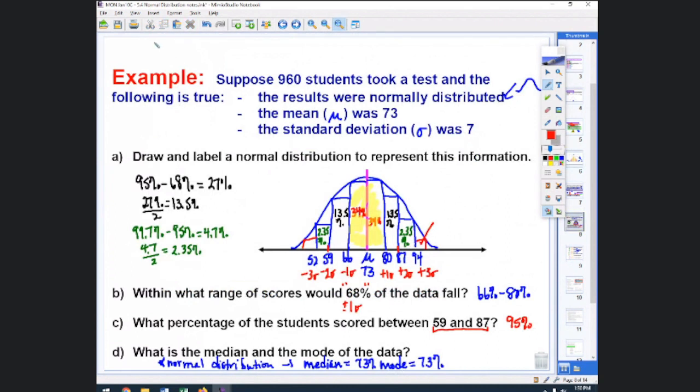So it's not really another bar. I probably shouldn't put that in there. I'm just going to do it like this. So if you have your graph there, you can do 0.15%. So I'm looking at less than 59 here. So that's going to be the 2.35 and the 0.15.